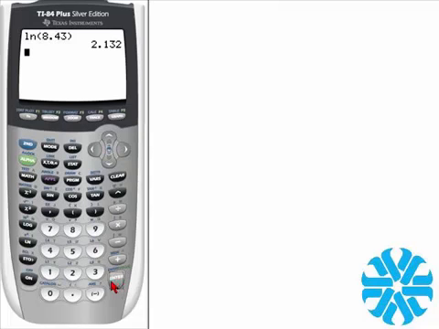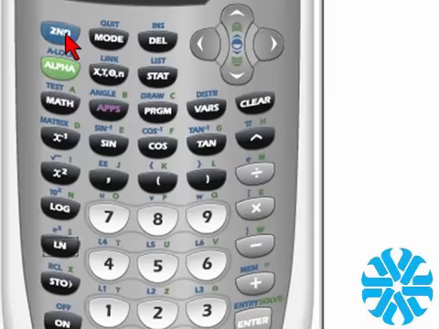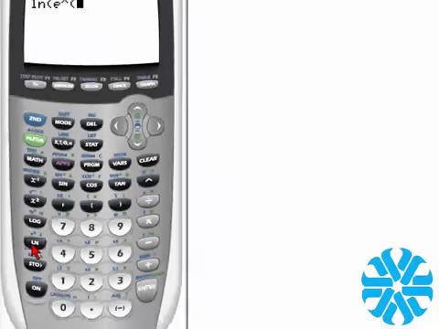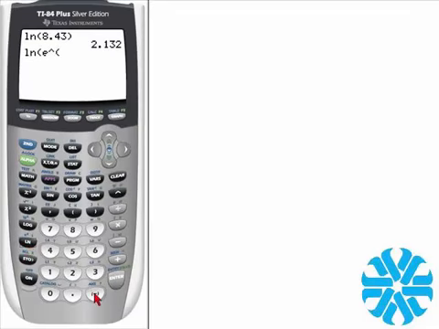Okay, now let's compute the ln of e to the -6th power. So it's the ln, or the natural log, of e. Now we need to go second function, and then we want this value, the e, so we hit the ln key. And we want to raise that to the -6th power.